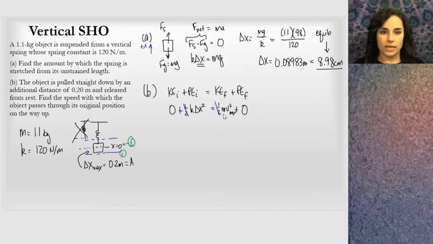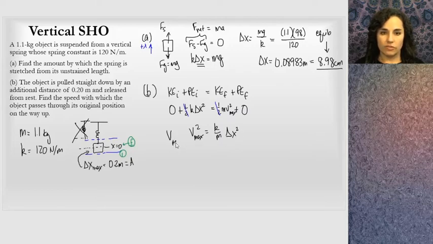So I'm going to simplify this equation so I can plug a number into my calculator. So the halves cancel. I'm solving for v max, so I will keep that on that side and divide by m on both sides, so I get v max squared equals k over m delta x squared.